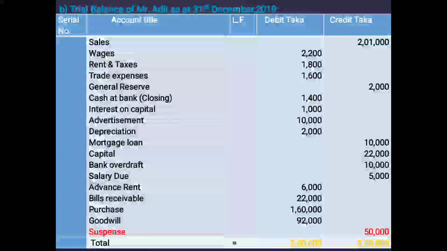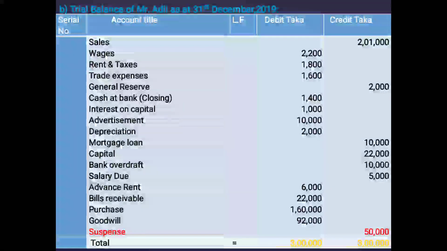At this moment you have to open a new account for suspense on the credit side for taka 50,000. Then the trial balance will be equal, taka 3 lakh in debit and 3 lakh in credit.